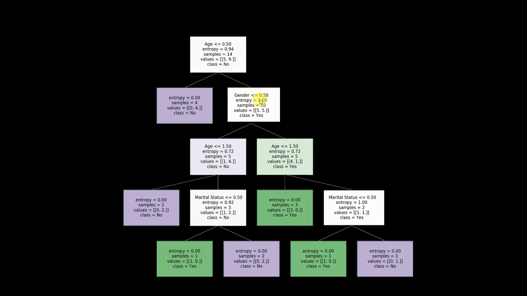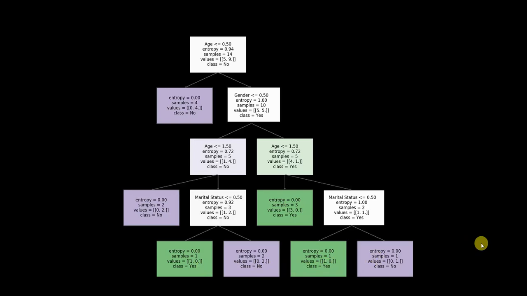The first one is the root node, these are the intermediate nodes, and the bottom ones are the leaf nodes. The leaf nodes consist of the actual prediction, the desired value or class of our prediction. This is basically the output.